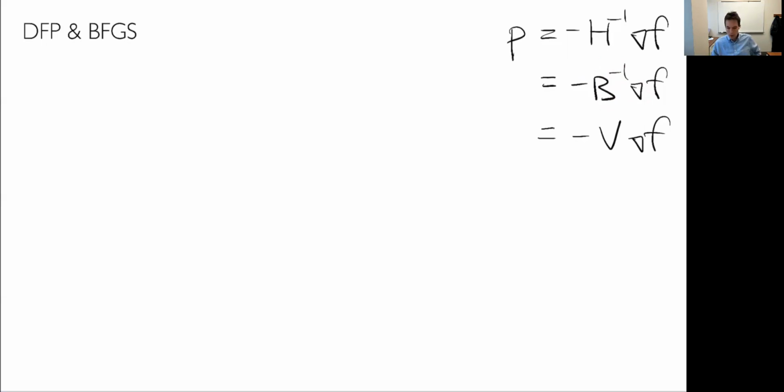This is a really big advantage because solving a linear system is in general an order n cubed operation, whereas a matrix-vector multiply is order n squared, so this is much faster. To recap, rather than estimate the Hessian and then do the inverse, or really solve a linear system, let's just estimate that inverse directly, and then we can just do a matrix-vector multiply, not having to solve a linear system at all.